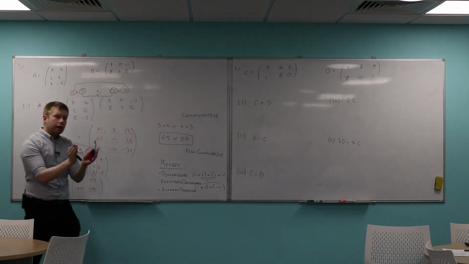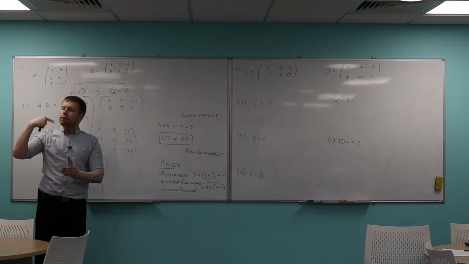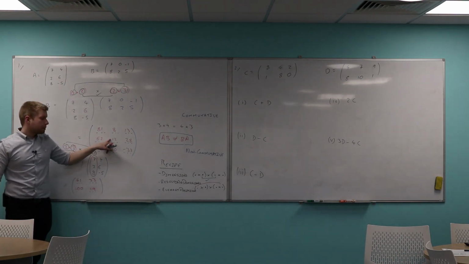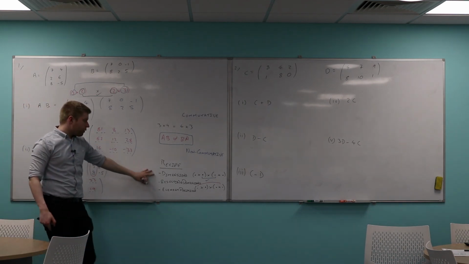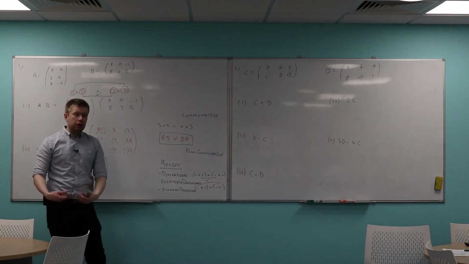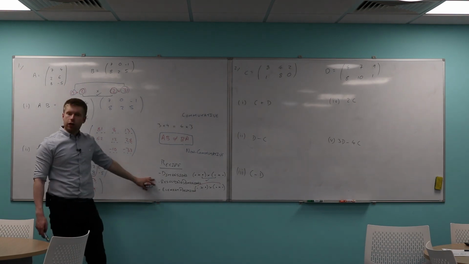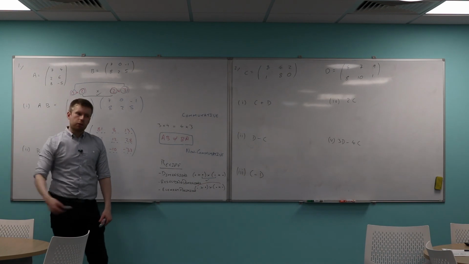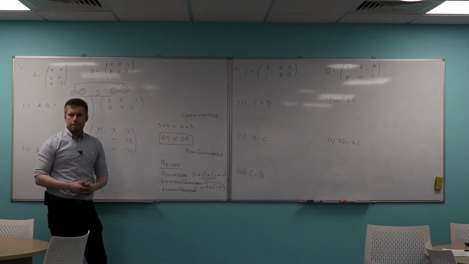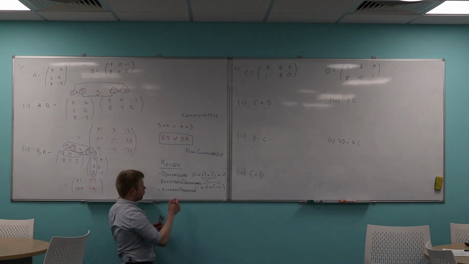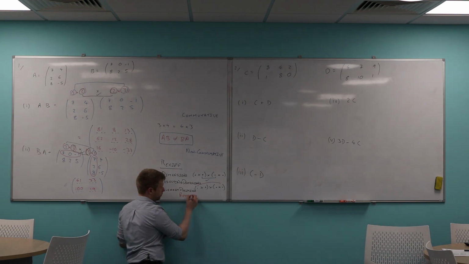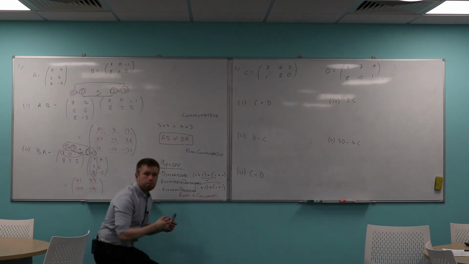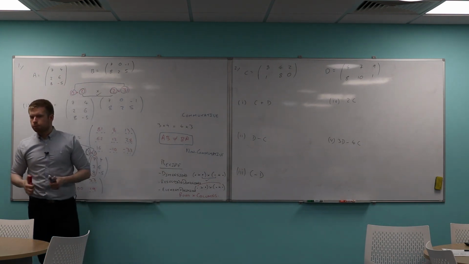We multiply the corresponding elements together, then we add them, and that will be the number which goes there. So this is really a recipe for working out matrix multiplication. First, you check the dimensions, then you check the element position, and that will tell you which numbers you have to multiply. And remember, it's always rows multiplied by columns. Is that okay? Any questions about that? No? Good, fantastic.